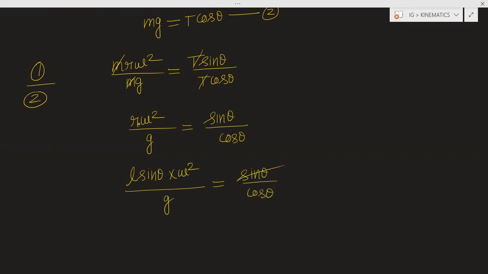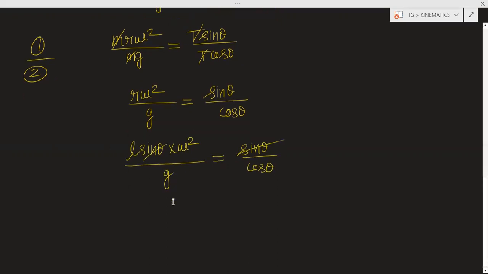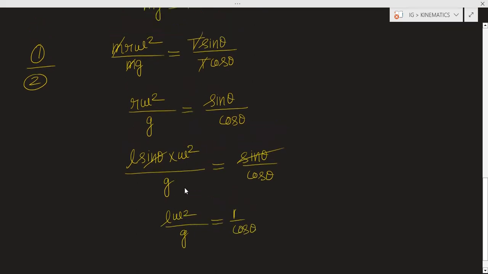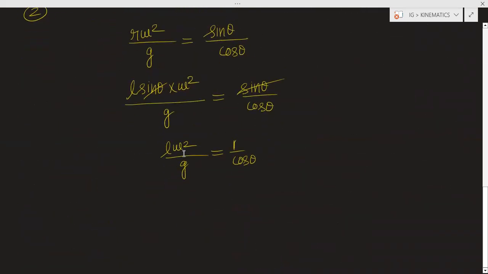Now this sine theta and this sine theta will be cancelled out. So you have L omega square by g. L omega square divided by g is equal to 1 by cos theta. Now from here you can find omega.